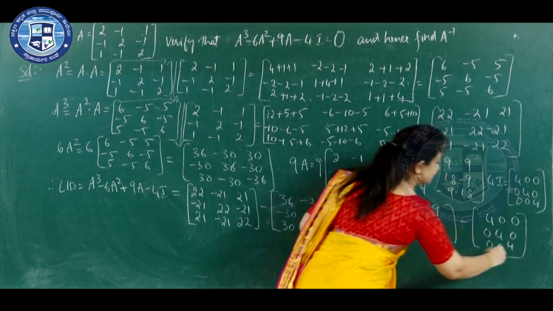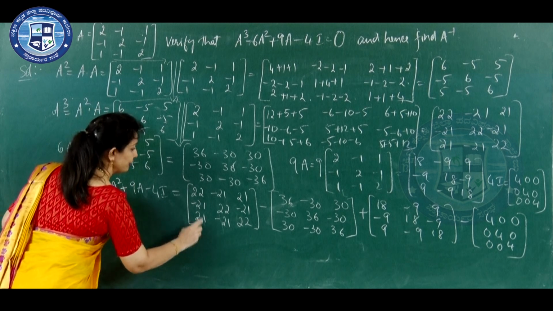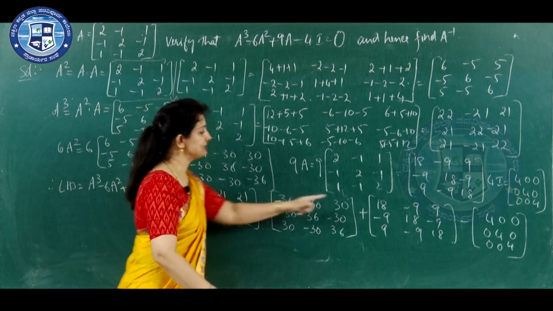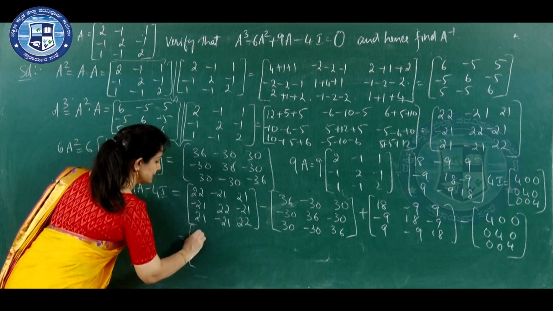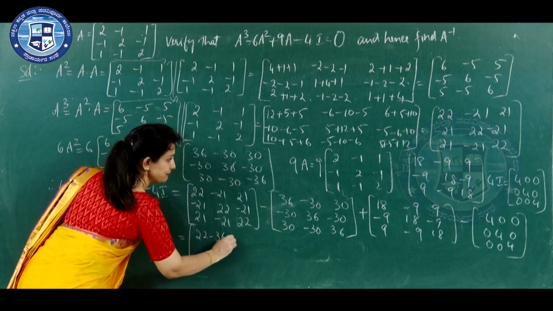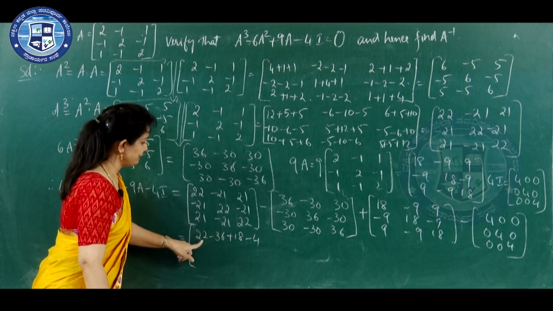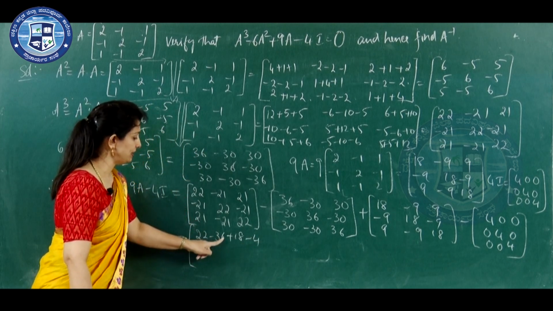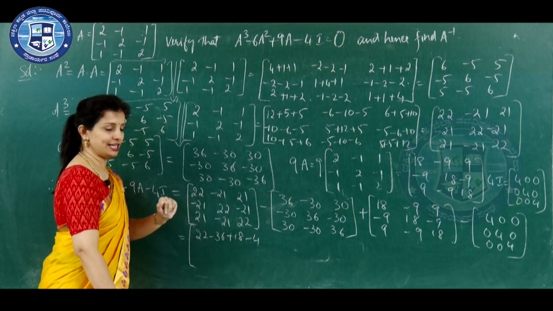What do we get, students? Add or subtract the corresponding elements, then we have 22 minus 36 plus 18 minus 4. Definitely you will get 0. That is 22 minus 36 plus 18 minus 4. It is 22 plus 18 is 40, minus 36 minus 4 is minus 40, so 40 minus 40 is 0.